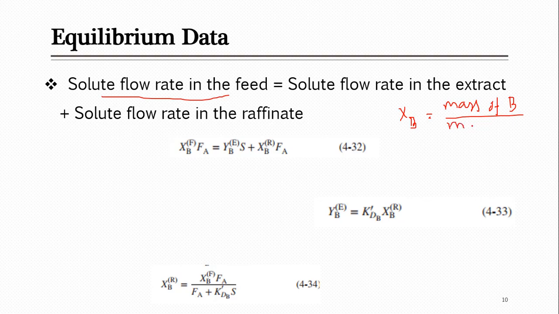This is the mass of A. Mass of A is actually the carrier, and now we can write it for, first, the feed. So here if I put F, that represents that I am writing it in the feed. So here I will then take the mass of B in the feed over the mass of A in the feed. But you need the mass of B.